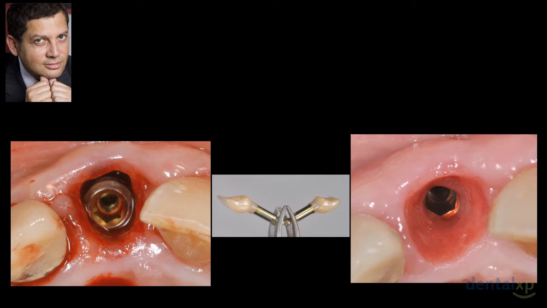By comparison, you can see that the soft tissue thickness after 6 months is thicker than with the natural tooth. So what we did in this case is that we reduced the buccal thickness of the natural tooth.